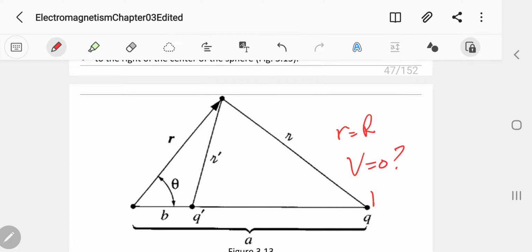Or at r going to infinity, is the potential going also to 0? These are the two boundary conditions that we have to show, so that indeed the potential is the correct one.